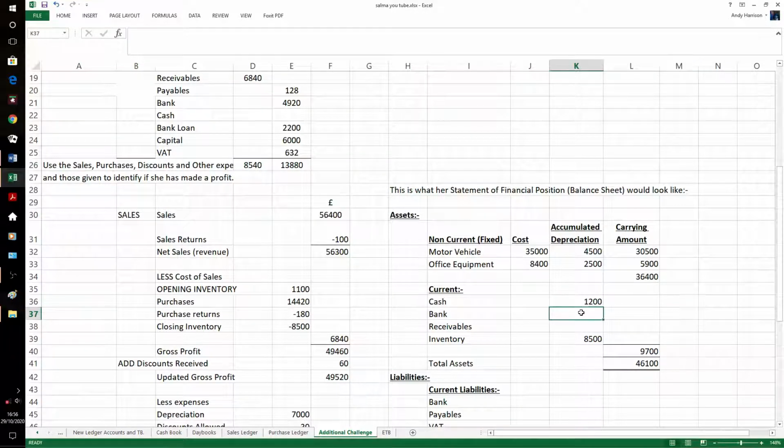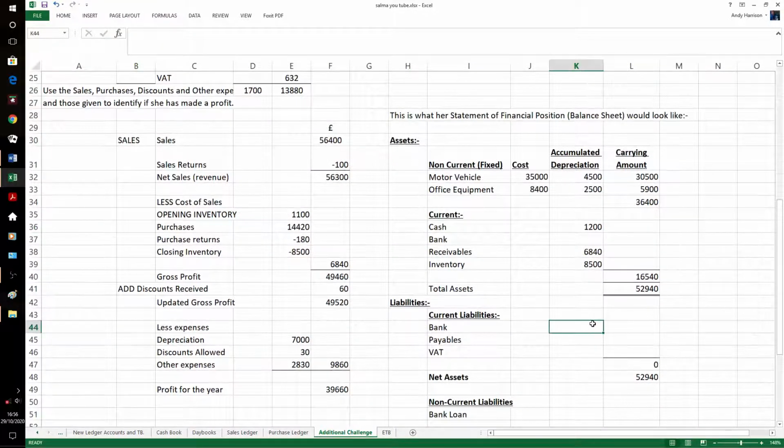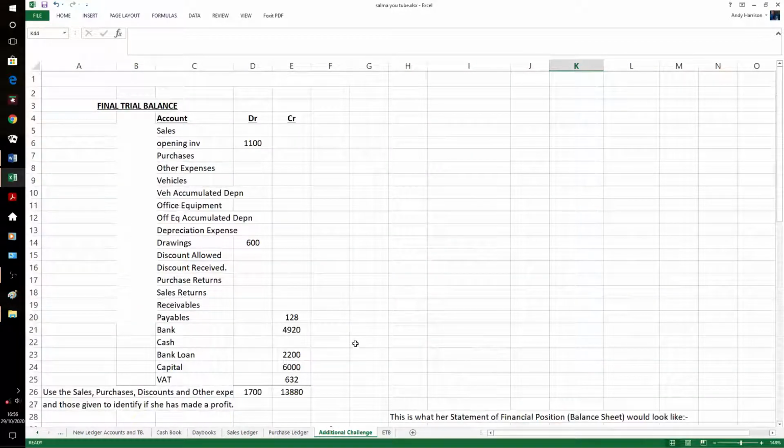Bank won't be on this one for the simple reason she's overdrawn. Had she got money in the bank, it would be. So 6,840 receivables, and the closing inventory. So total assets of 52,940.